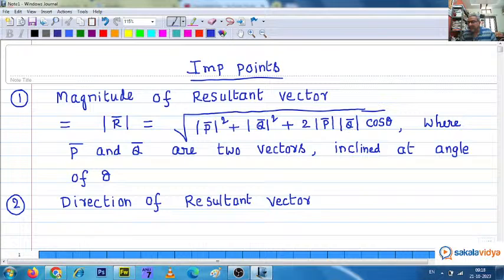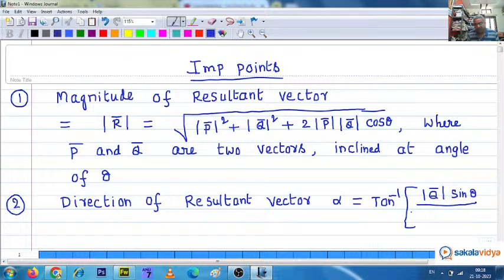It is expressed in terms of theta, or sometimes you can say alpha also, no problem. So alpha is equal to tan inverse of mod Q sin theta upon mod P plus mod Q cos theta.